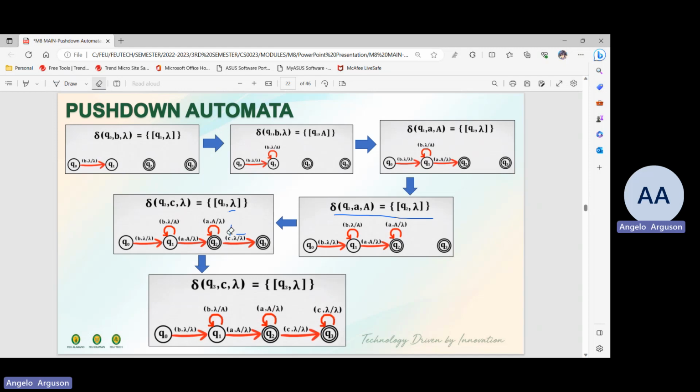Let us focus on the fourth symbol, this one I'm referring to. Pardon me for that. We have Q2 going to itself. Going to itself allows us an input symbol of lowercase a, and also a capital letter A that we're going to pop.